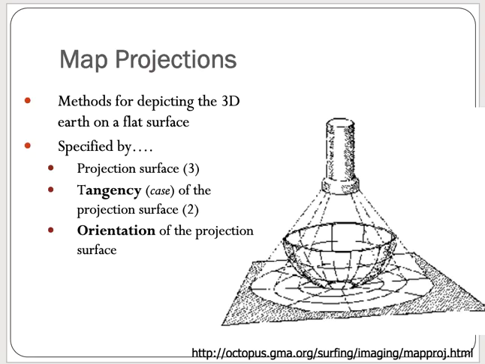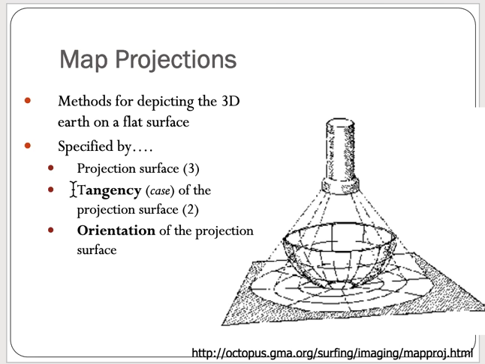For methods for depicting the 3D Earth on a flat surface, it's specified by these bullet points here. Again, there are three types of projection surfaces. For example, we have a conic surface projection, a planar surface projection, and a cylindrical projection surface, which we'll get into in the next few slides.